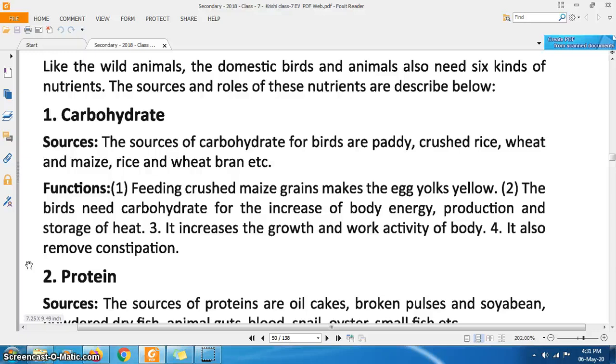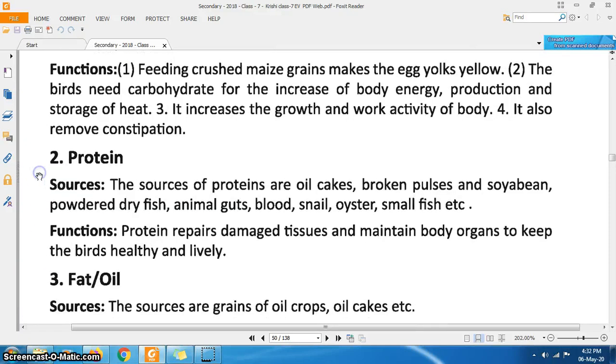Feeding crushed maize grains makes the egg yolk yellow. The birds need carbohydrate for the increase of body energy, production and storage of heat. It increases the growth and work activity of body. It also removes constipation. Protein.